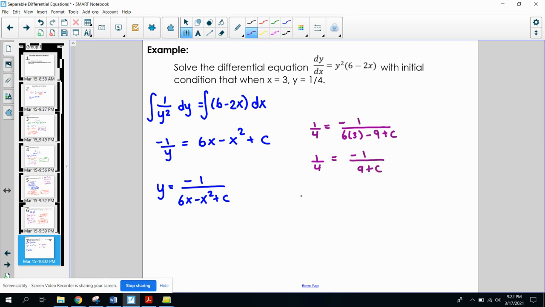Then I'm going to cross multiply, so 9 plus c is equal to negative 4. So c is equal to negative 13. Our particular solution here would be y equals negative 1 over 6x minus x squared minus 13.